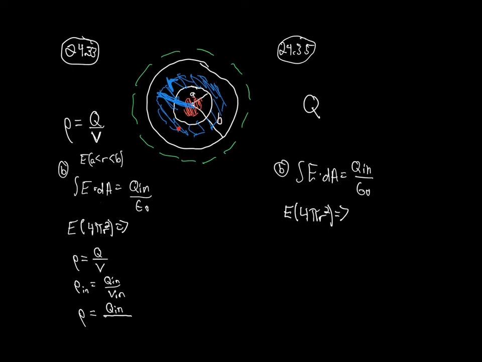So what's the volume of the blue shell? What's the radius from the middle to the outer wall? It's just little r. So the volume of that is 4/3 times pi times little r cubed.